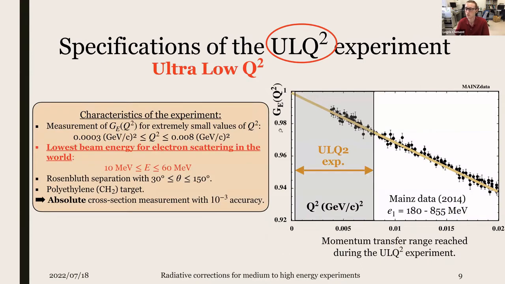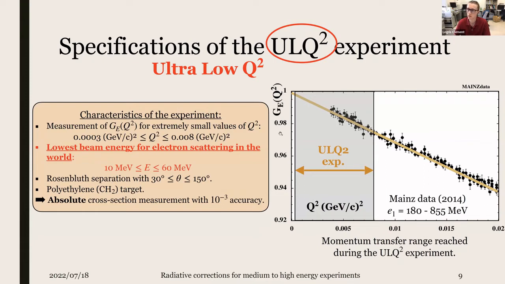So what are the specifications of the ULQ2 experiment? ULQ2 stands for ultra low Q². We'll be measuring the electric and magnetic form factors for extremely small values of Q², between 3 × 10⁻⁴ to 8 × 10⁻³ GeV²/c². This is one of the lowest Q² ranges that have been achieved.